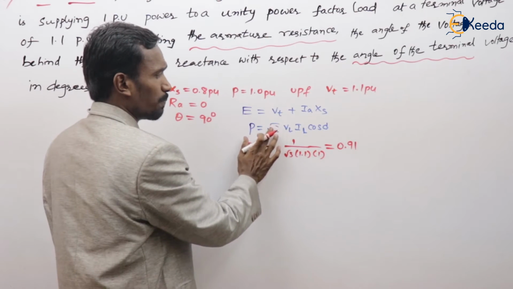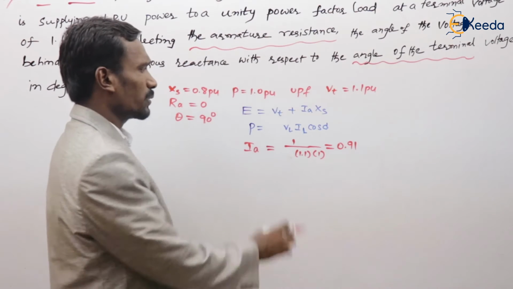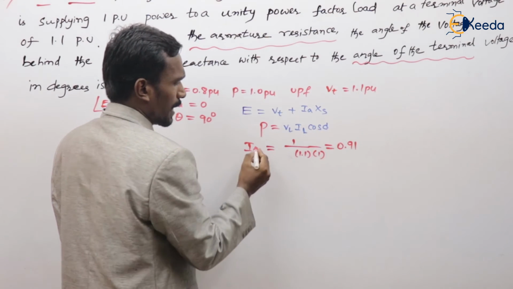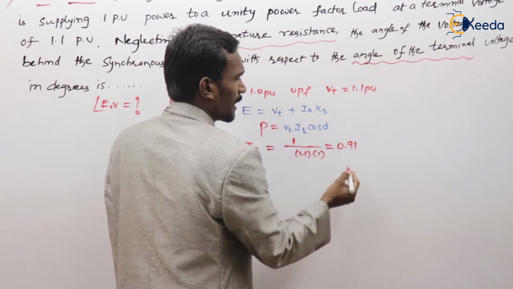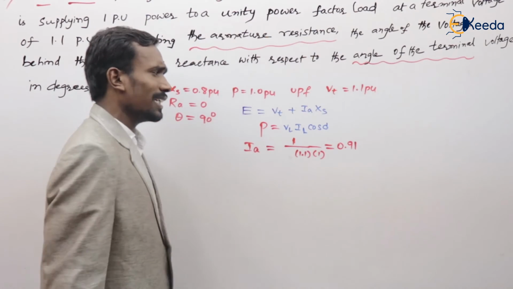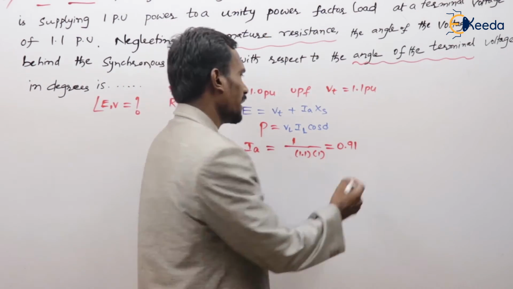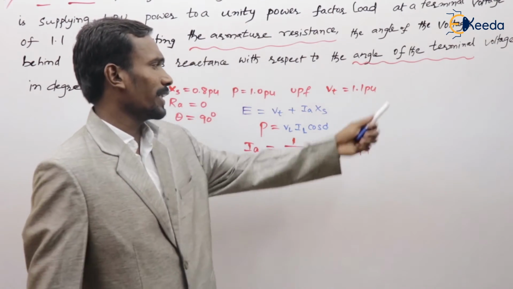Actually this is in terms of per unit, that's why no need to take the root 3 value. Here P is equal to VL IL cos phi, then IA is equal to 1 divided by 1.1, then you can get 0.91. Yes, 0.91 per unit is my IA.